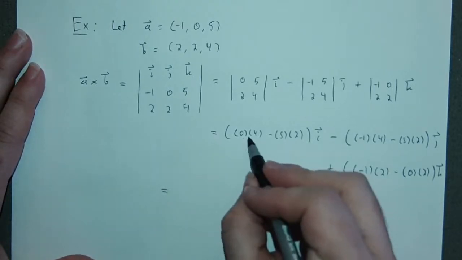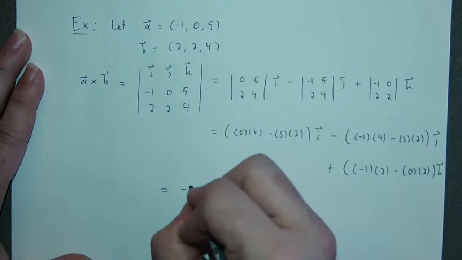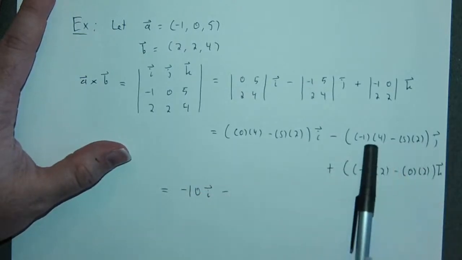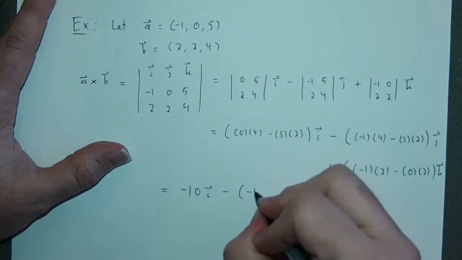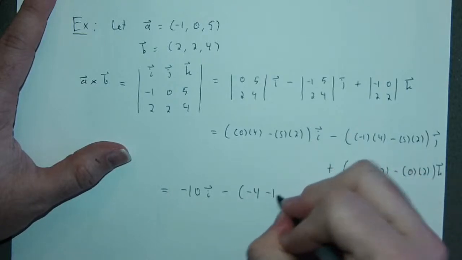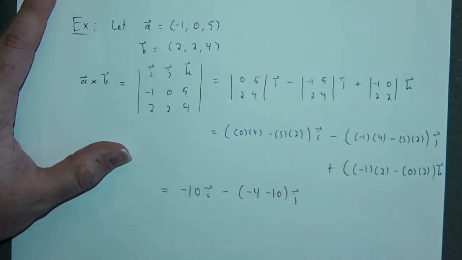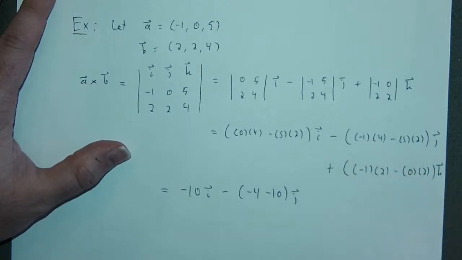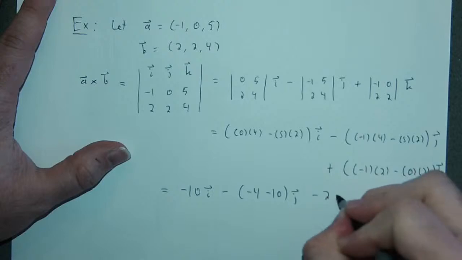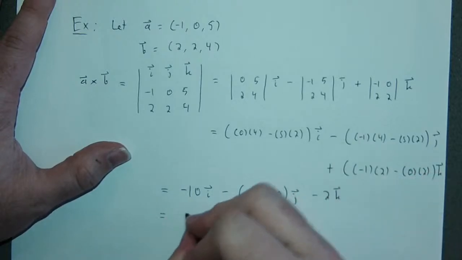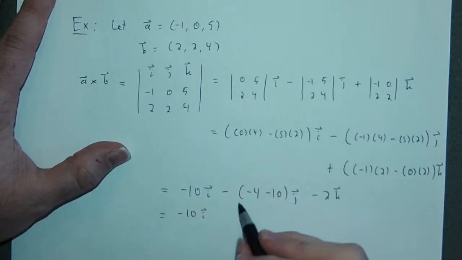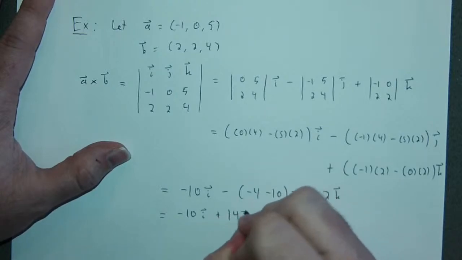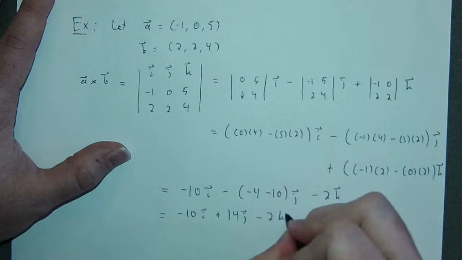So this would be 0 minus 10, so that's minus 10i. All right, minus, here I get -4 minus 10, times j, plus I have -2 minus 0, so this is -2 times k. And so this is the vector minus 10i minus 14, so that's plus 14j, minus 2k.